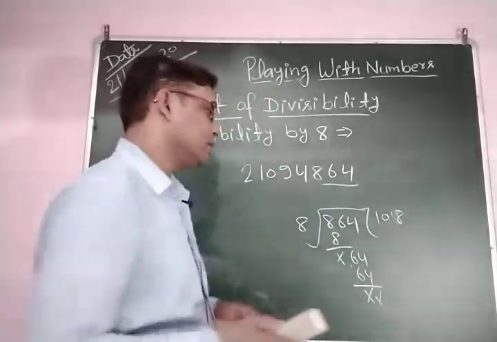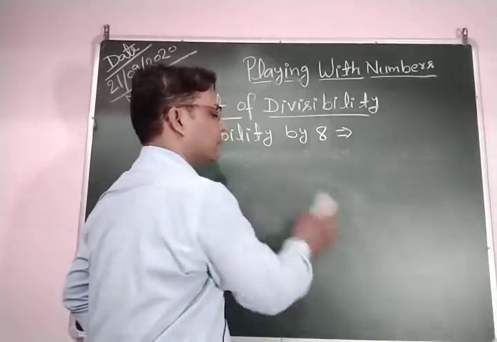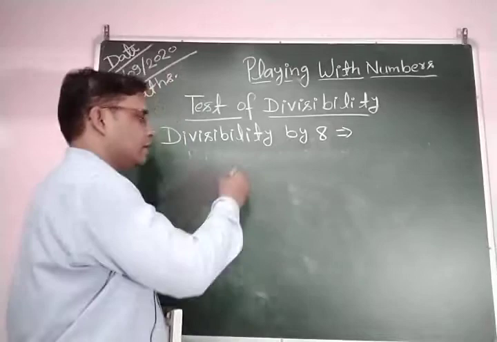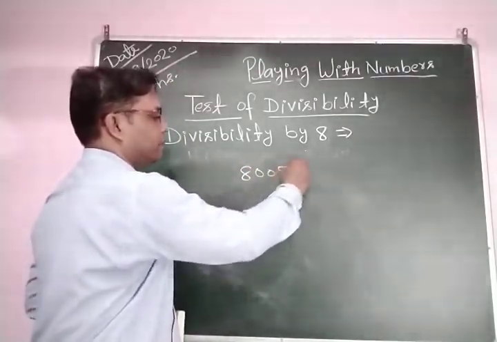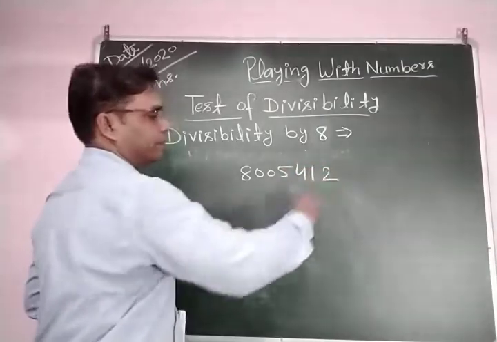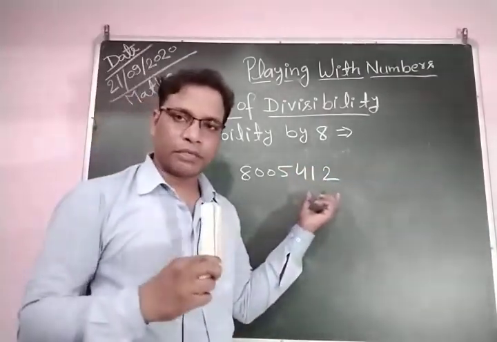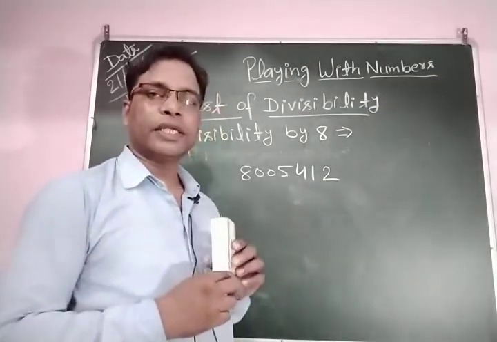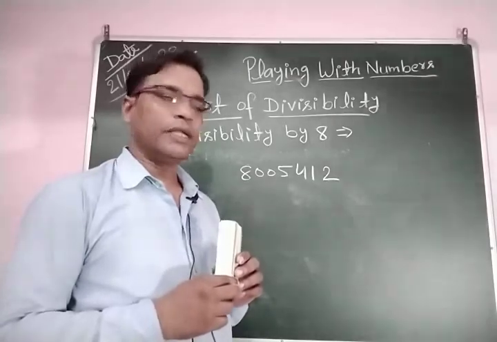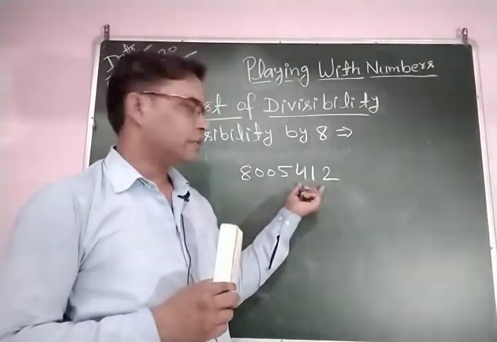Next example of this divisibility test: 8005412. Is this number divisible by 8 or not? For this, we take the last 3 digits of the number. If the last 3 digits of the number are divisible by 8, then this number is divisible by 8.